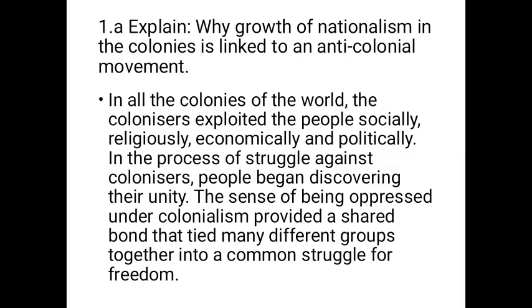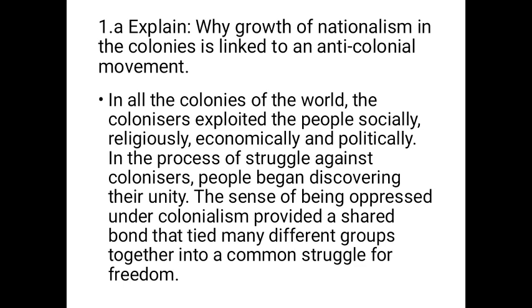So the first question, number 1a, is explain. A statement is given here. Why is the growth of nationalism in the colonies linked to the anti-colonial movement? Explain. In all the colonies of the world, the colonisers exploited the people socially, politically, and economically. In the process of struggle against the colonisers, people began discovering their unity.